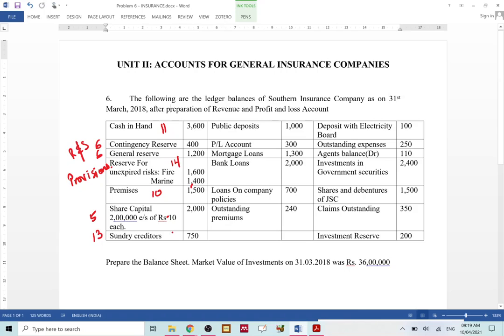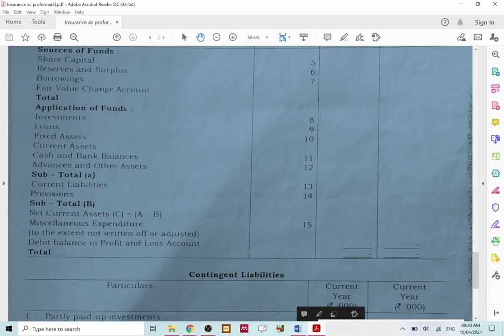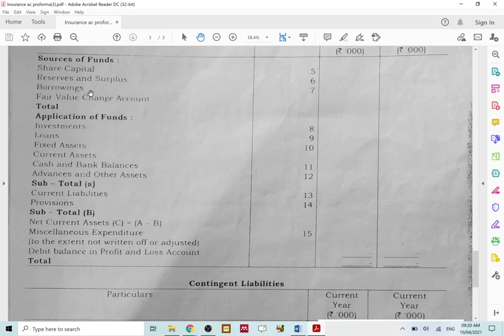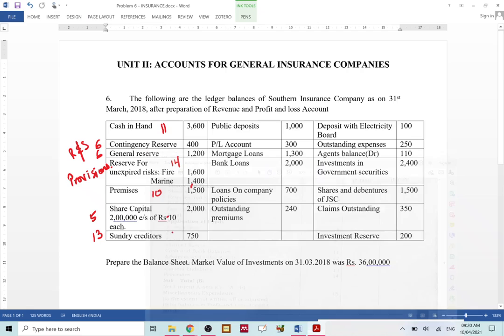People invest in that particular scheme and they get a certain interest amount after a certain period of time. So this public deposit is money that your company has borrowed from people. That means it is a borrowing. Schedule 7.